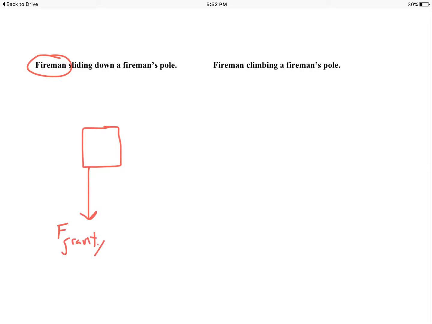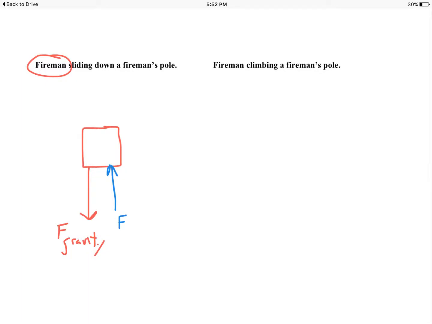But what other forces are acting on the fireman as he slides down the pole? Well, is he touching the pole? And he is, or she. So there's a force. Which way is the force acting on the fireman as he or she slides down the pole? And in this case, it will be up. And it can be a force greater than or less than or equal to the force of gravity.